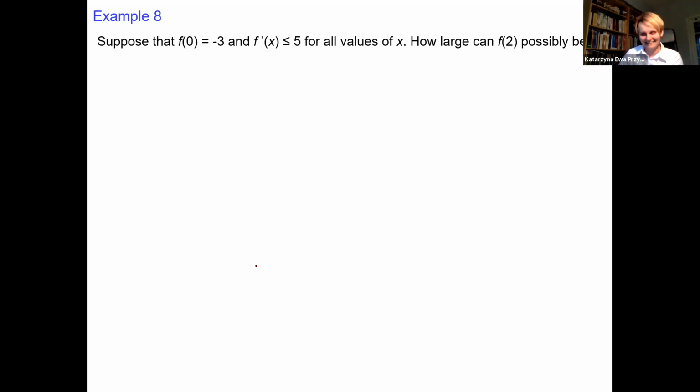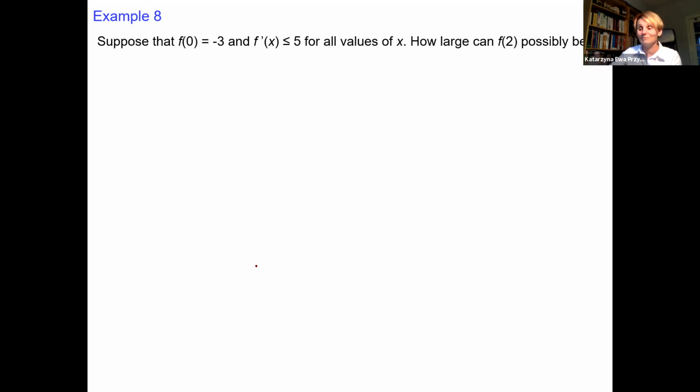Okay, let's see this question. I have 3 of those. Each of them is solved. It's okay. Suppose that f of 0 is -3. Okay, f prime of x is less than or equal to 5 for all values of x. This, of course, gives us the information that the derivative exists.